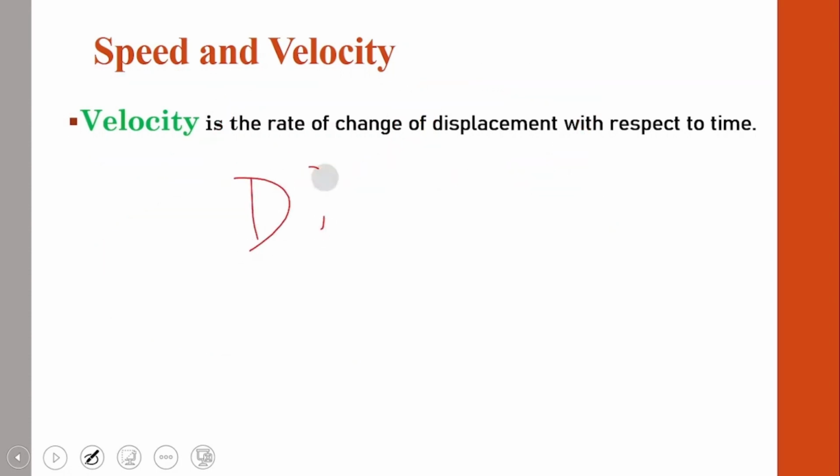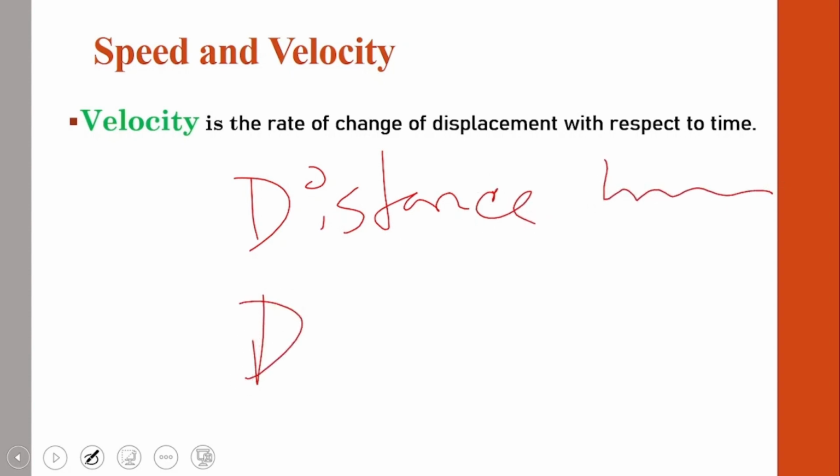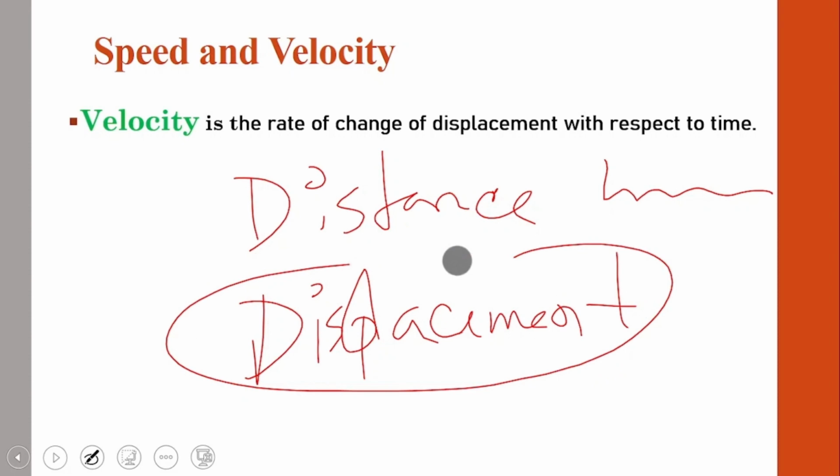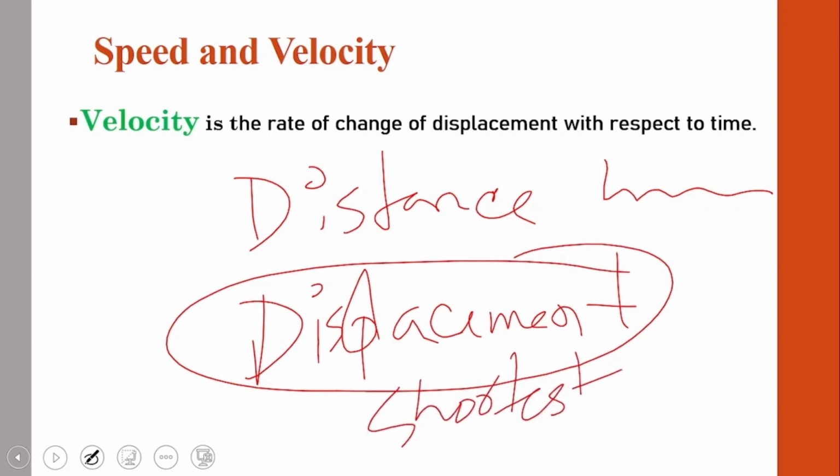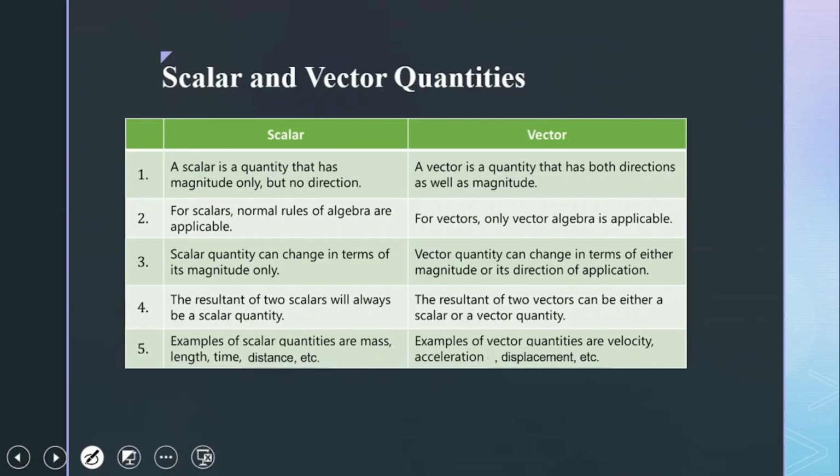As we have discussed before, distance is the traveled path and displacement is the shortest distance.